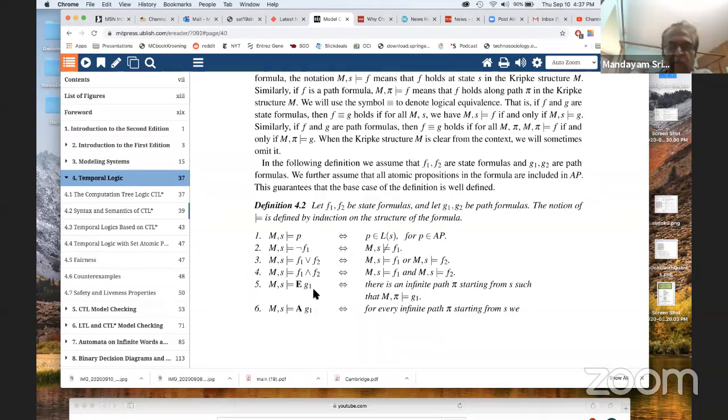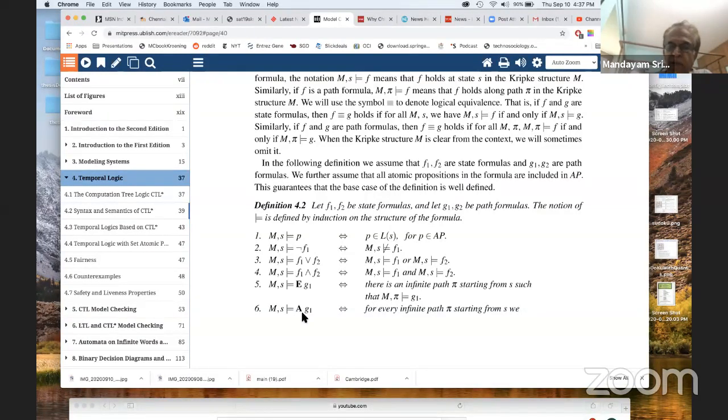And E of G1, where G1 is a path formula, that's how this thing is constructed, is true of a state S if there is an infinite path pi starting from S such that G1 holds for the path pi in that model.